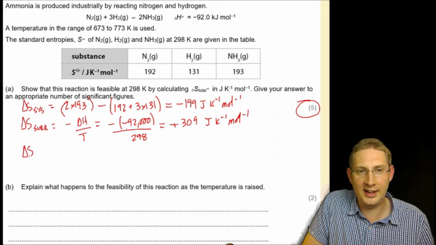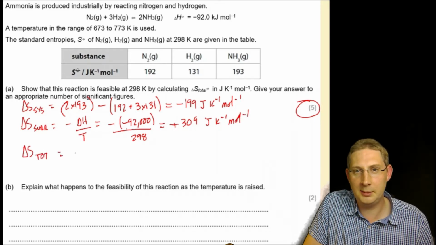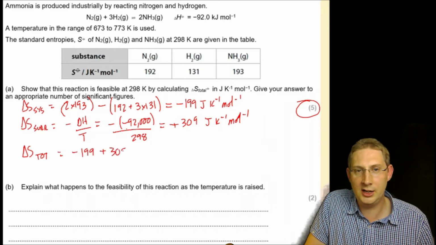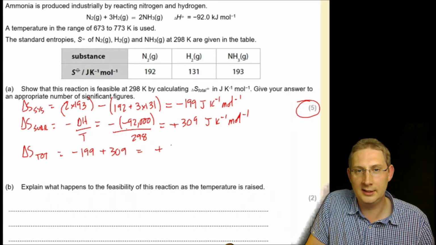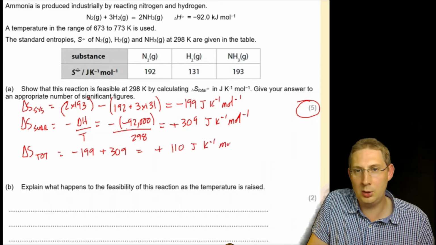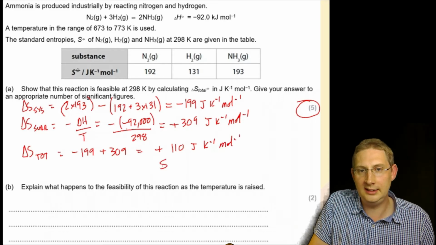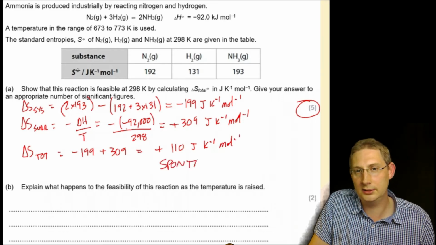So therefore deltaS total, which is the sum of those, is minus 199 plus 309, which equals plus 110 joules per Kelvin per mole. In other words, it is spontaneous.